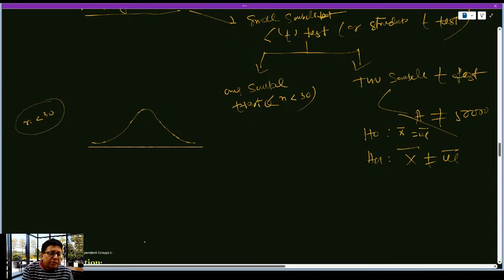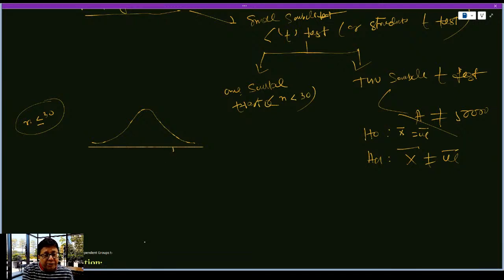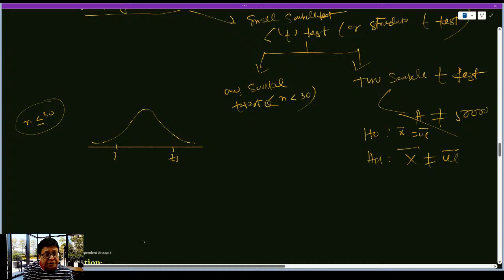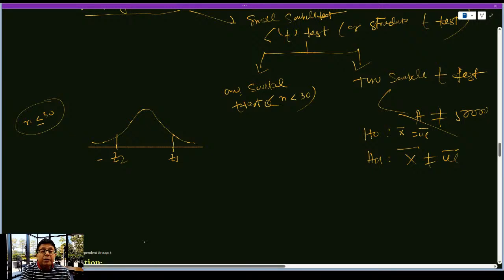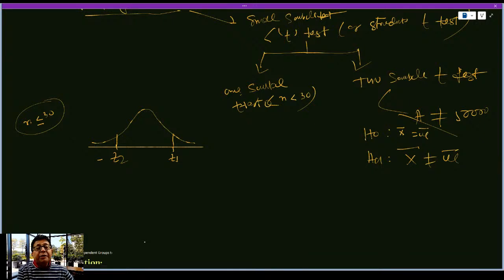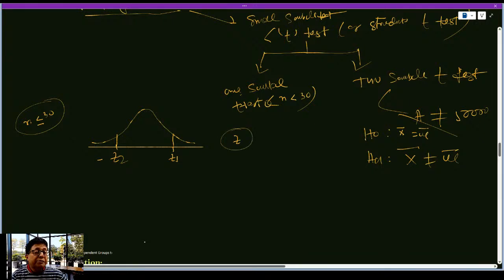Most ideally, less than or equal to, up to equal to you will consider. The area will represent probability. Suppose a coordinate Z1 is here, Z2 is there. Z2 is negative, obviously you can take minus Z2. What is the chance that Z will lie between Z1 and Z2? That we want to check.